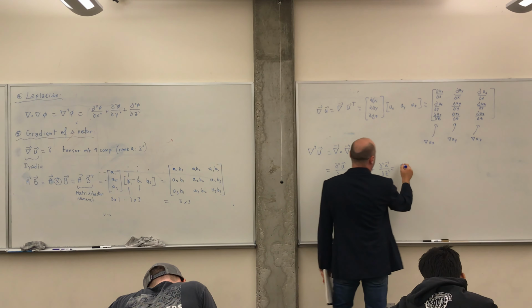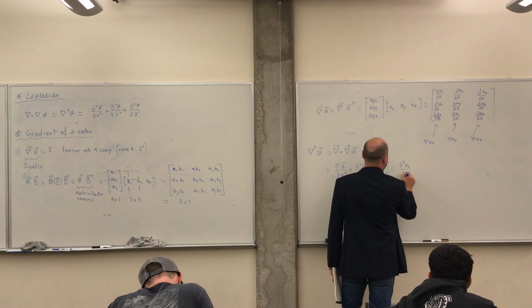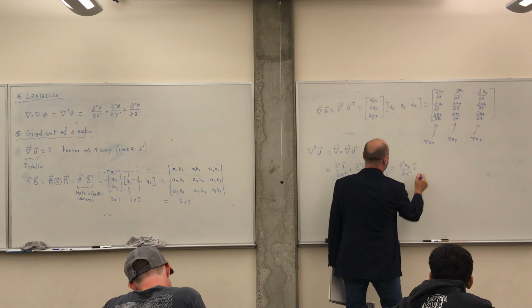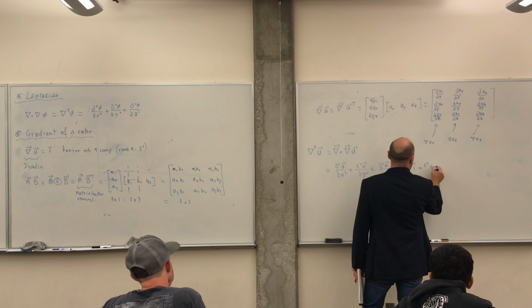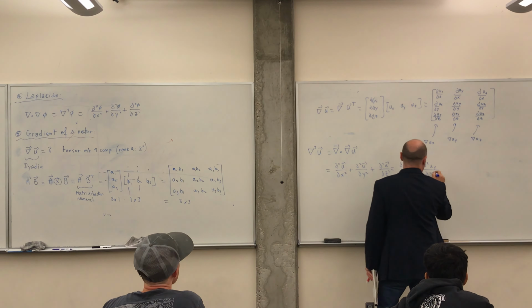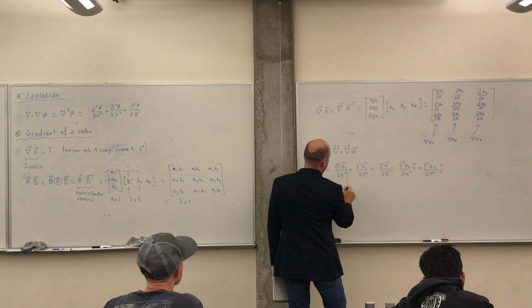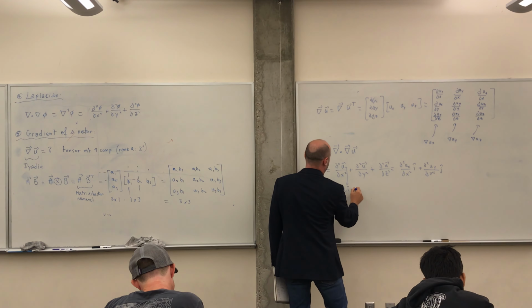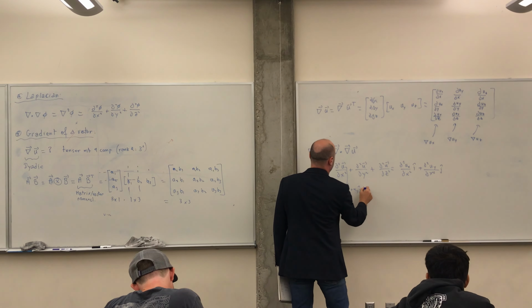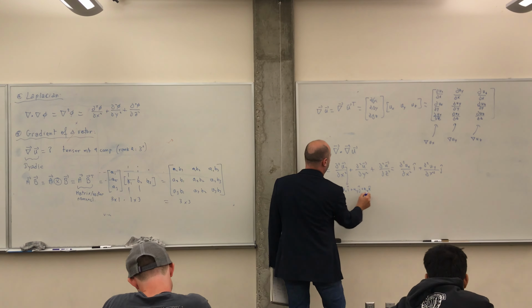Okay? So this first one is going to be d2ux by dx squared in the i direction plus d2uy by dx squared in the j direction, right? Because what is u? It is uxi plus uyj plus uzk. So apply the second derivative to each one of those.